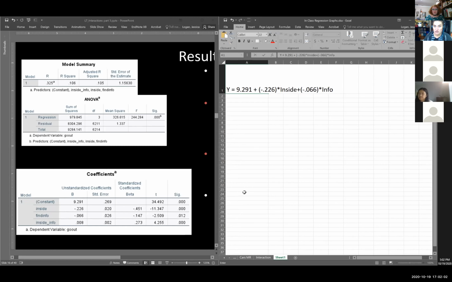Yes, that's going to come in handy in just a minute. Times info, and then plus 0.008 times both, times inside times info, because they're both there.